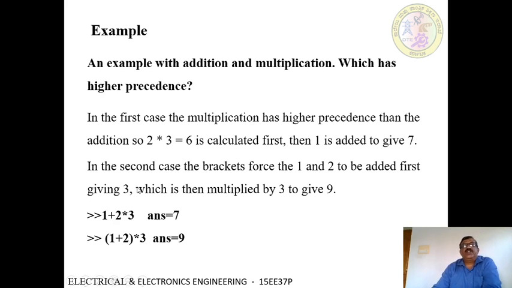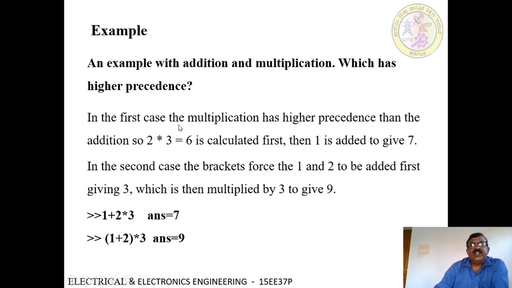Another example, with addition and multiplication, to see which has higher precedence. Here the multiplication has the higher precedence. Let us look at the same example, 1 plus 2 into 3. With 1 plus 2 within the parentheses, that should be multiplied by 3, and the answer is 9.